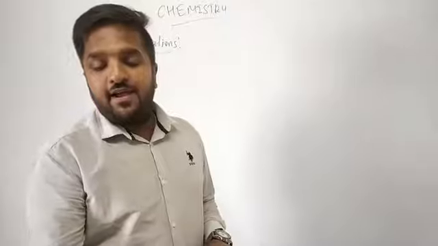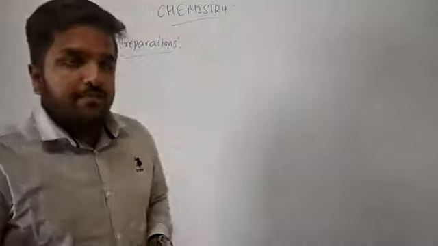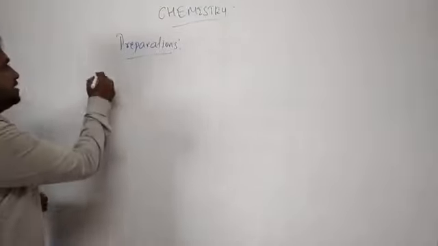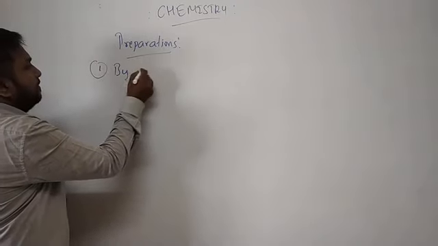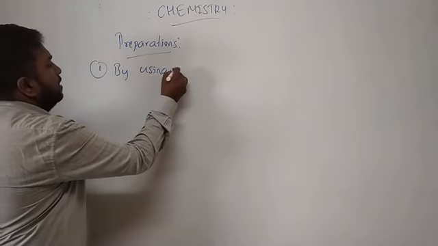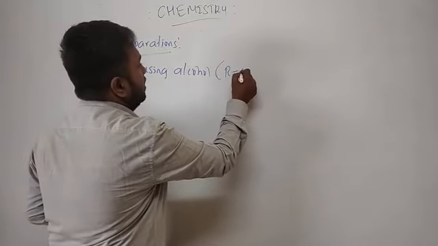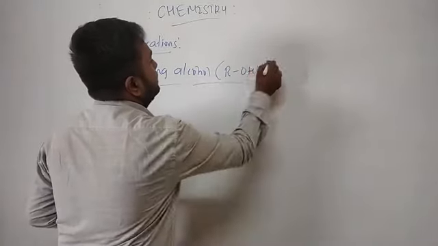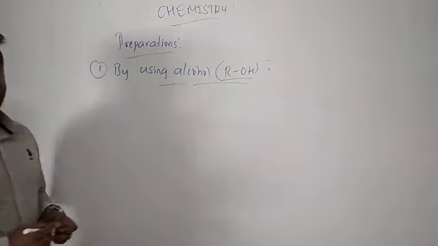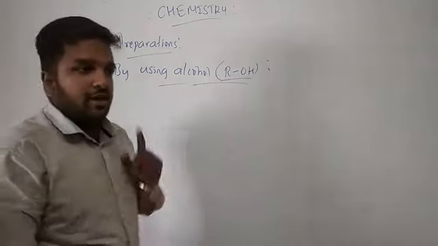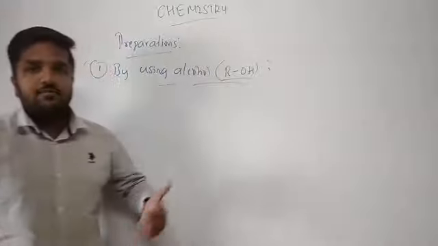How can we prepare haloalkanes? We can prepare haloalkanes by using alcohol. The general formula of alcohol is ROH. These things you will also get in your first chapter of first year PUC. You need to study this before coming to this concept.